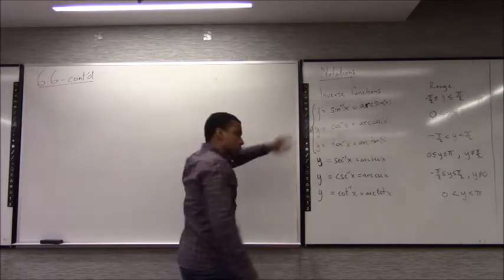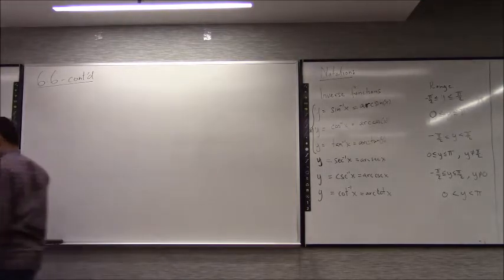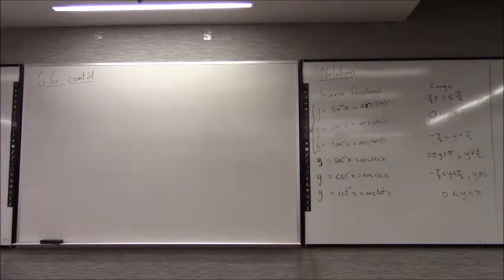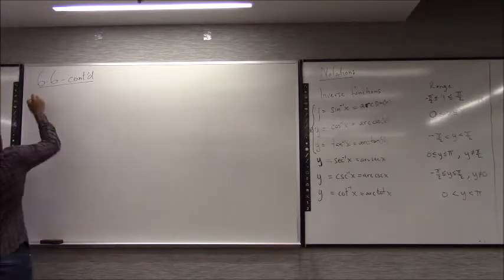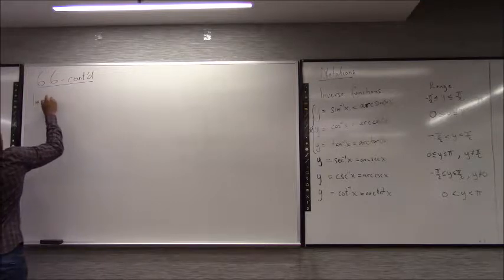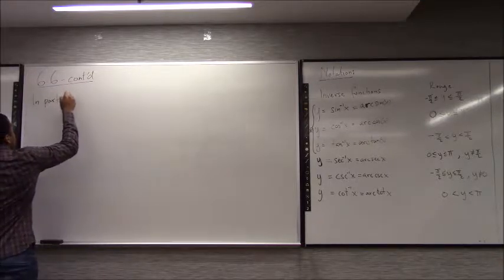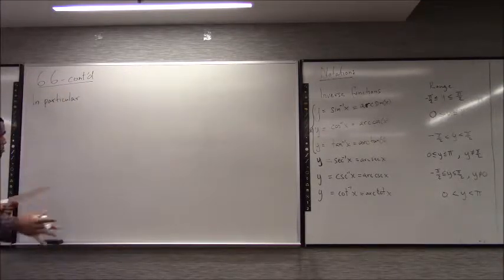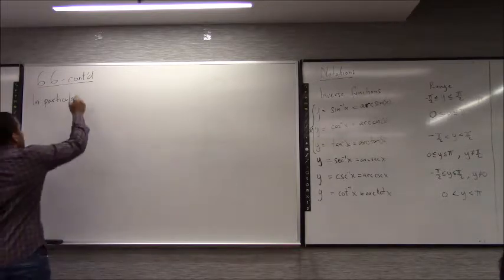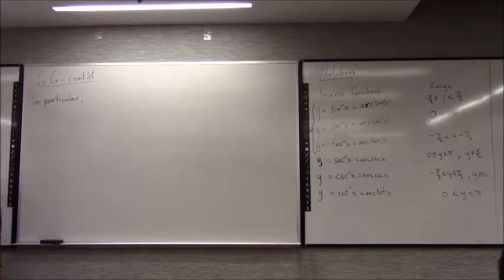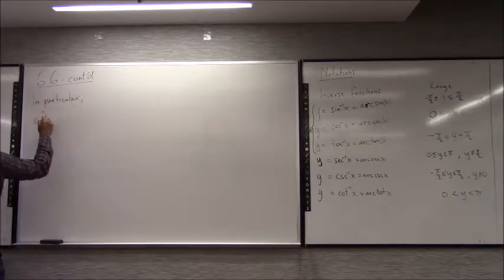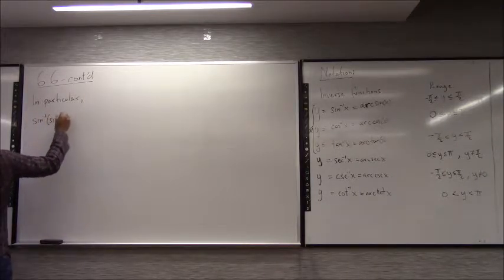But as I said, these three are the most common ones we need to know about. In particular, this is really for completeness. Usually this will be clear. The inverse functions only kind of undo each other in certain ranges.